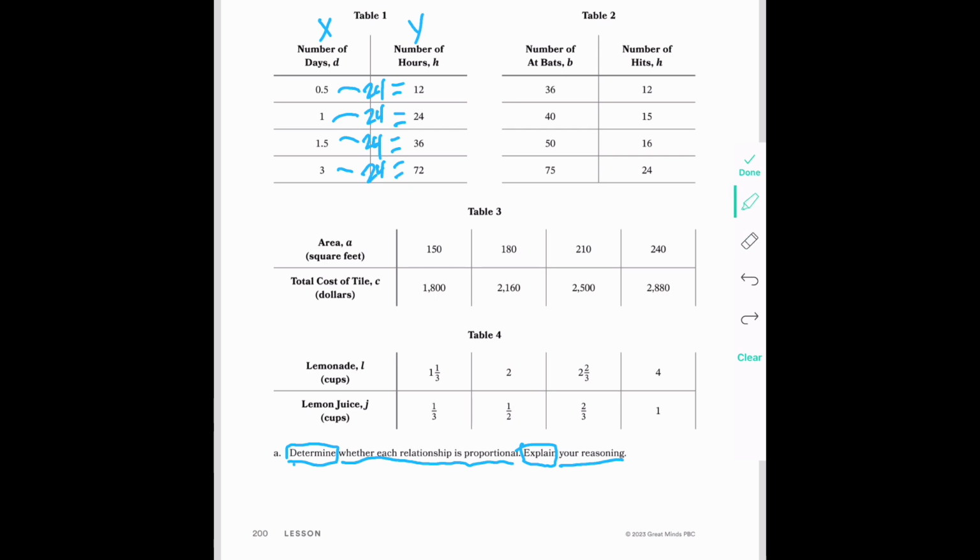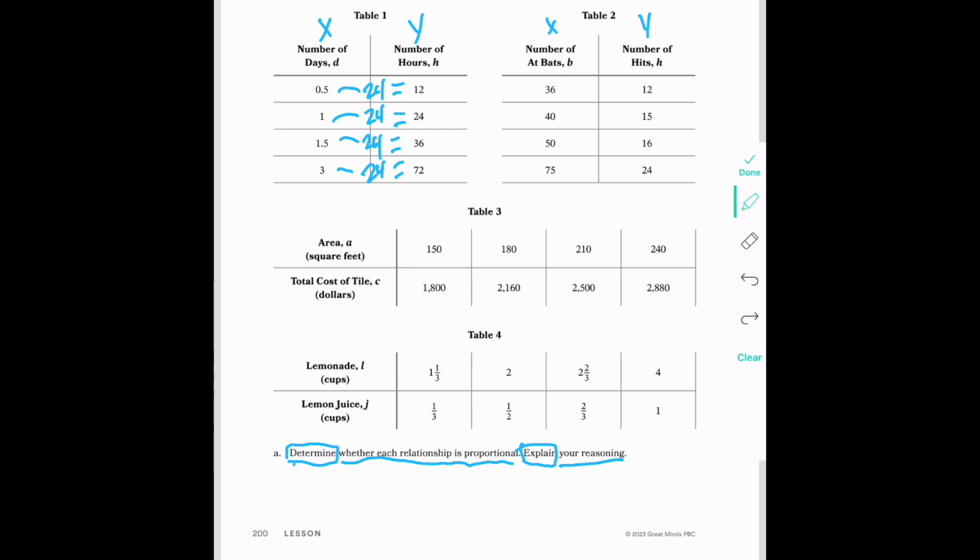And if we try to divide them, you have number of bats versus number of hits. So this would be your X, because the number of bats will control how many hits you actually get the chance of getting. So you divide 12 by 36, that would be 1/3.